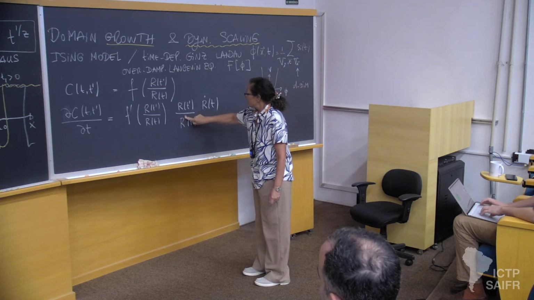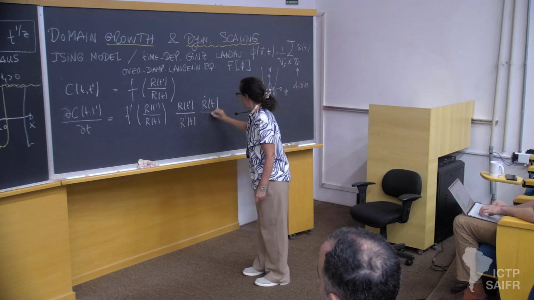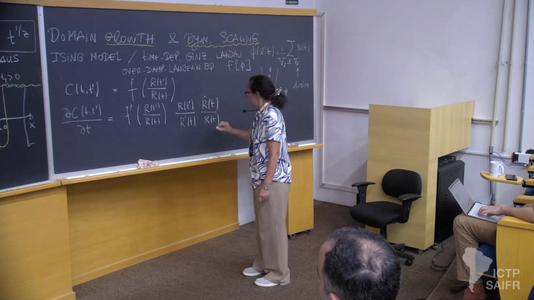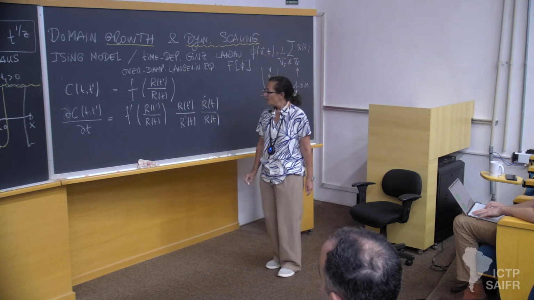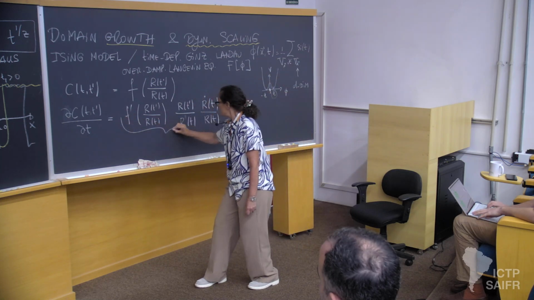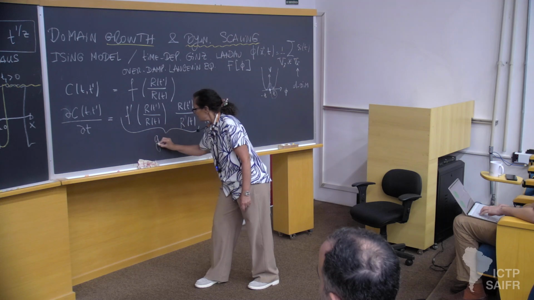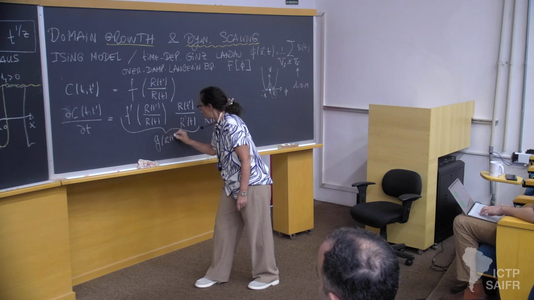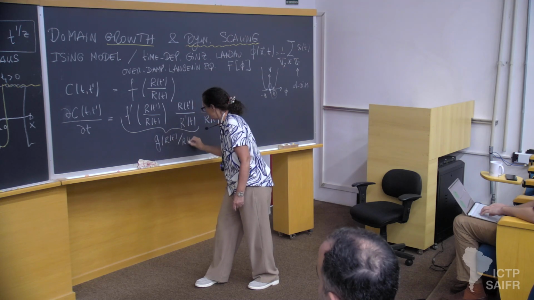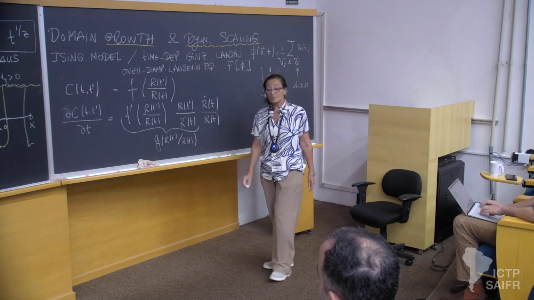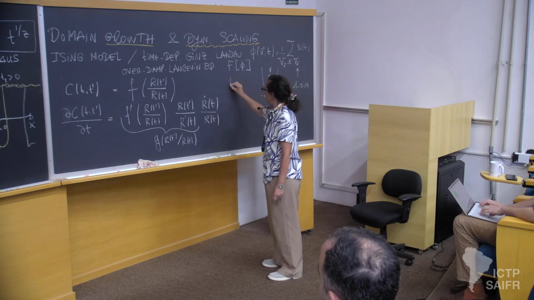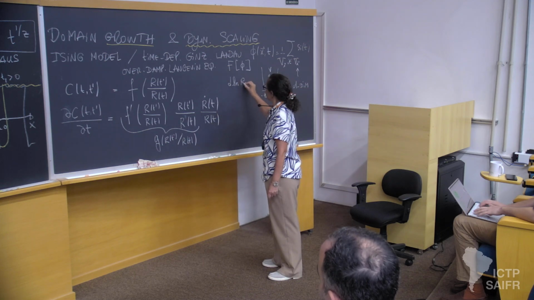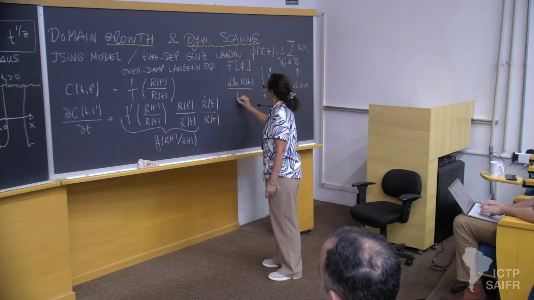So I can do this. All this is another function of R of t prime over R of t. And this is the logarithmic derivative, better said, of R of t with respect to time.